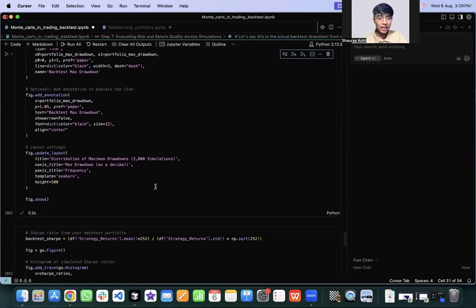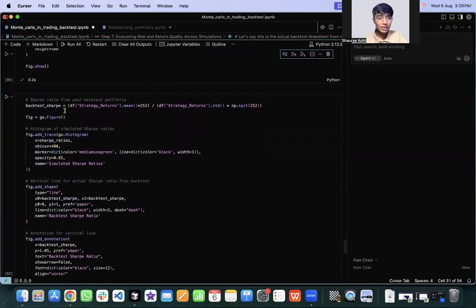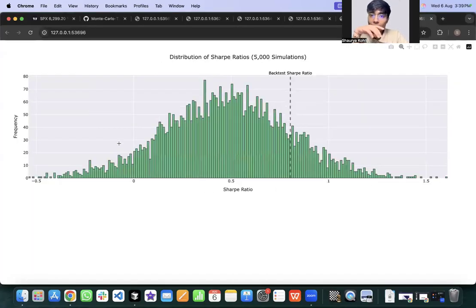This won't be the case. And once we go to the backtest and backtest the Sharpe ratio as well, we get this. So over here, the minimum Sharpe ratio for us is about 0.8, sorry. And over here, we could see the highest frequency is about 0.36, which is a really bad Sharpe ratio.